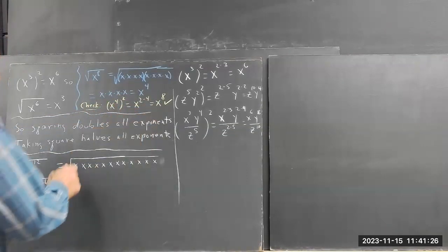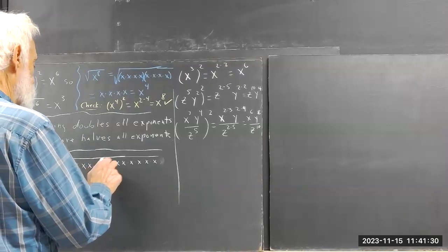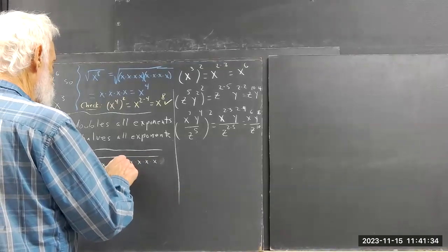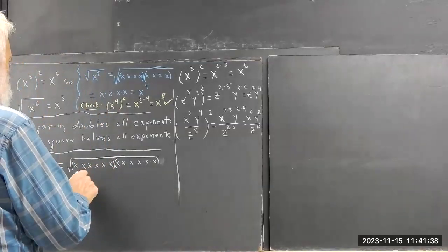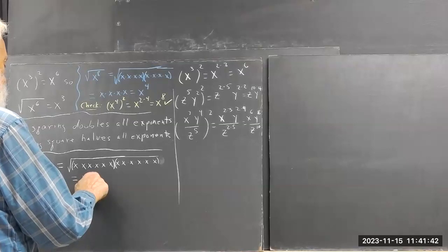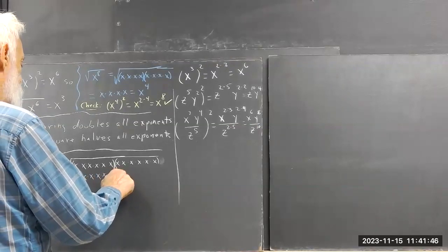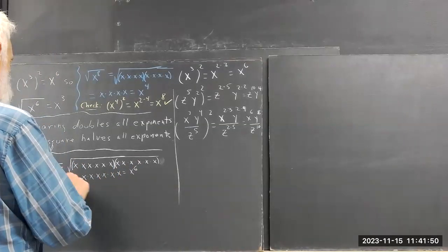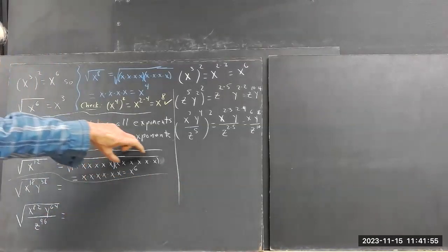Okay, well, I group 1, 2, 3, 4, 5, 6 of these, and it leaves me 1, 2, 3, 4, 5, 6. So this is equal to one of these groups.